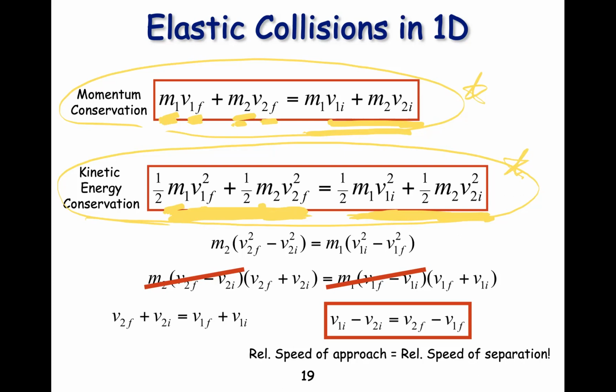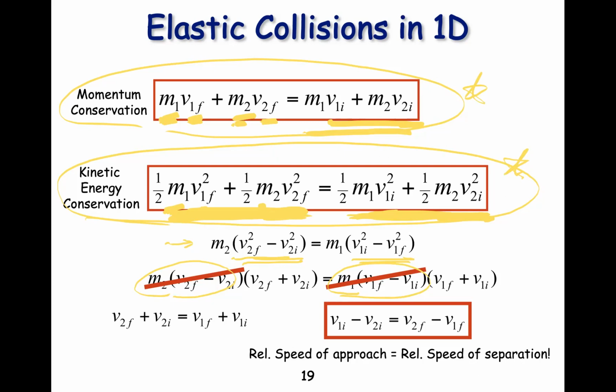Dr. Bindi points out an interesting little algebraic result that you can get if you combine, here's the second equation, kinetic energy, rearranged a little bit. And then if you unfoil these polynomial parts here, right? You can see, this is equal to that based on the first momentum conservation equation.